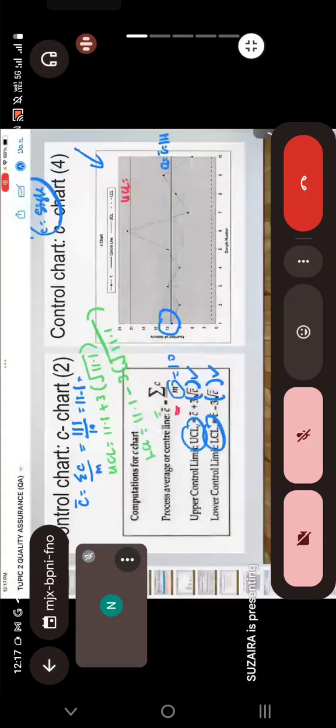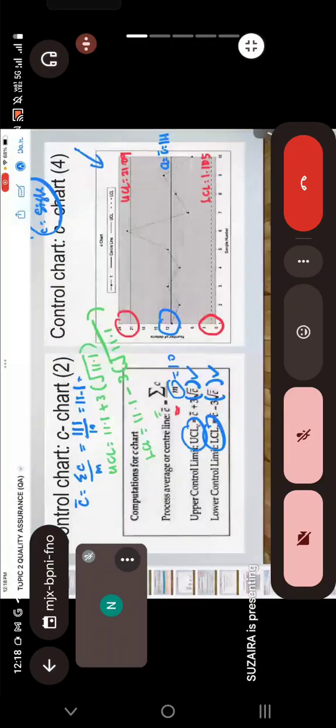If you observe here, it's a little above 21. And the LCL is here, equal to 1.105.